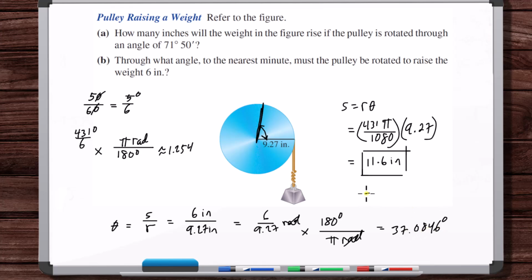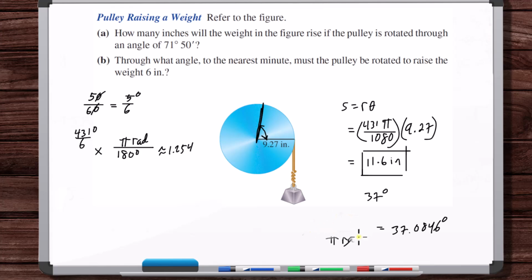So we know we've got 37 degrees, but how many minutes is 0.0846? Well, if you look at minutes and seconds from the perspective of conversion factors, I think it makes it easier.